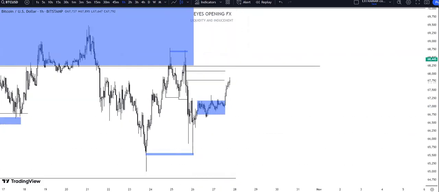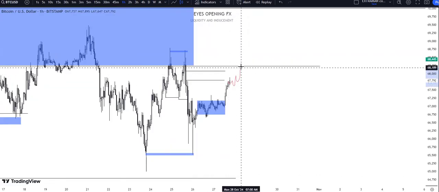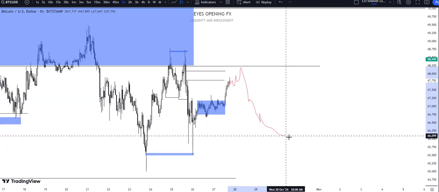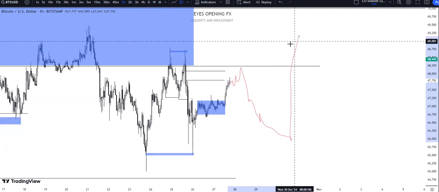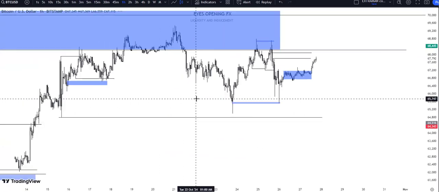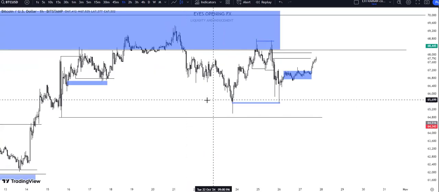So after this consolidation, the next thing we need is a great distribution right here. Then we see distribution to the downside if market offers that. So we see a distribution to the downside before we see higher prices. This is what I expect on this.